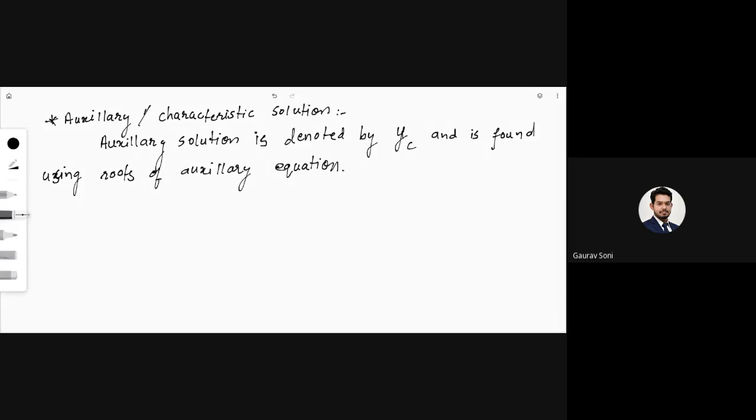So now the clear question arises, what do you mean by an auxiliary equation? So I will quickly make a remark here.